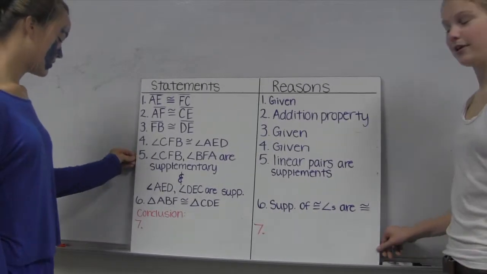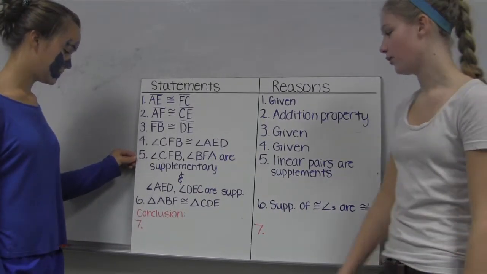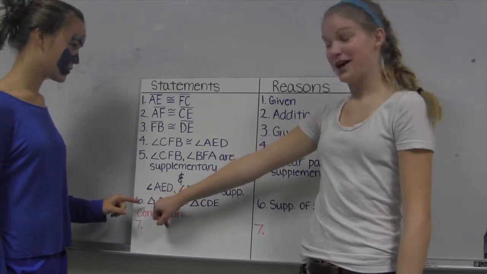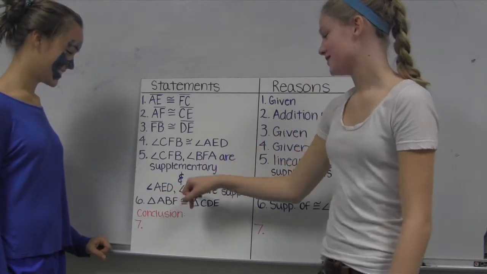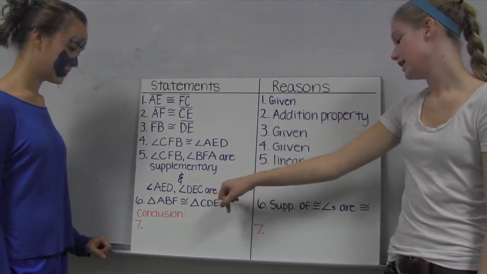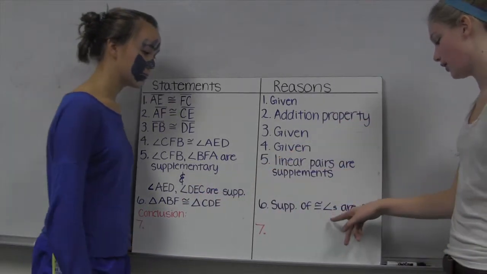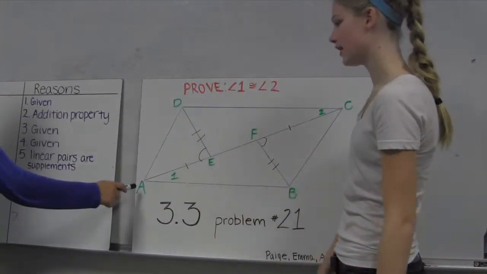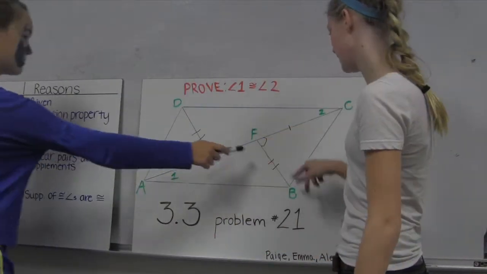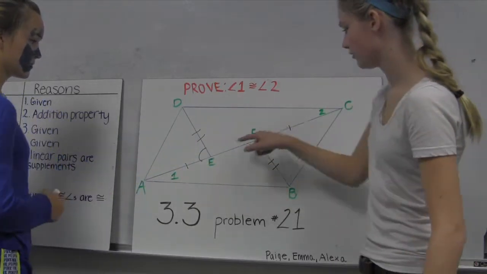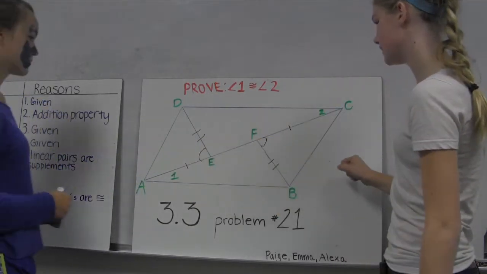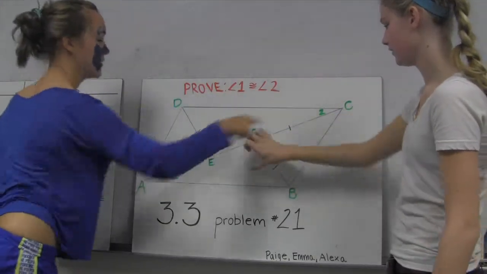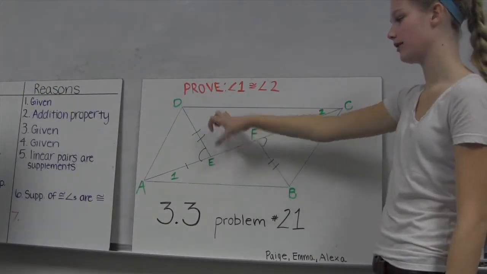One last step before we get to our conclusion is that triangle ABF is congruent to triangle CDE because supplements of congruent angles are congruent. So here is triangle ABF, this triangle right here, and triangle CDE, this triangle right here. These two triangles are congruent.